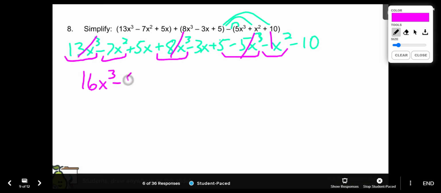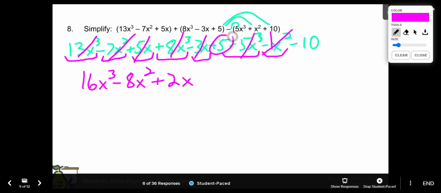So it's going to be minus 8x squared. And we want to look at the x. I have 5x minus 3x. 5 minus 3 is positive 2x. And then my constants, I have this positive 5 and this negative 10, that would be minus 5.